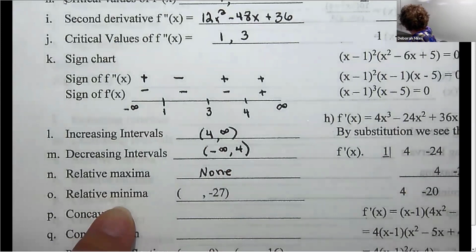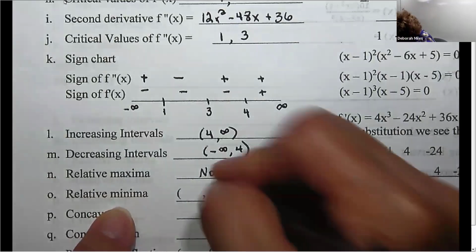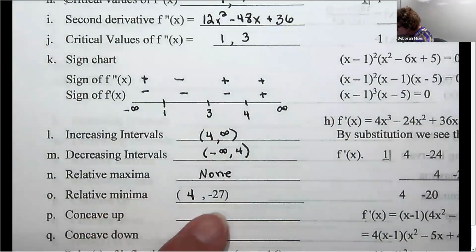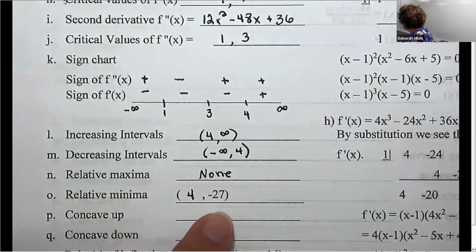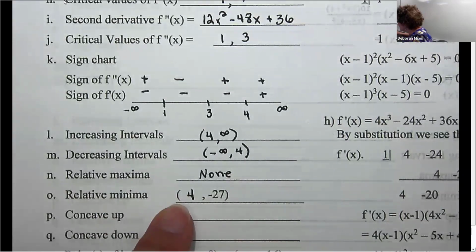When the function goes from decreasing to increasing, or when the derivative goes from negative to positive. Where is that? 4. And I went ahead and calculated the y for us just to save time. Where did I get that y? Plug the 4 into the original equation, because I'm graphing the function. I'm not graphing the derivatives.